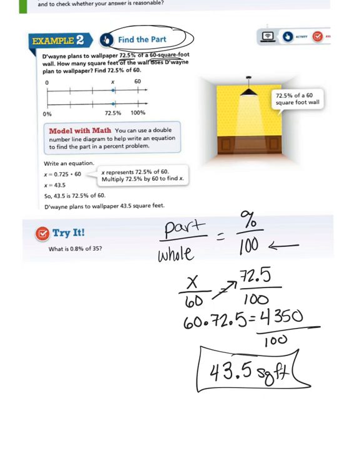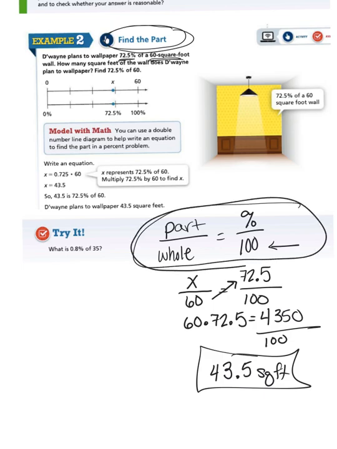So whenever you're finding the part, okay, the first equation is this one right here. This is the proportion. Whenever you want the part, your part will be your variable, and you will take your whole times your percent and divide it by 100.